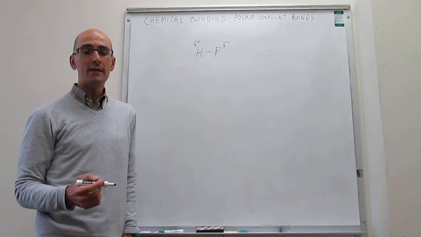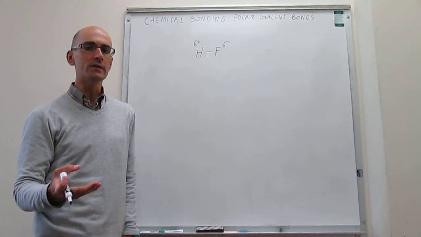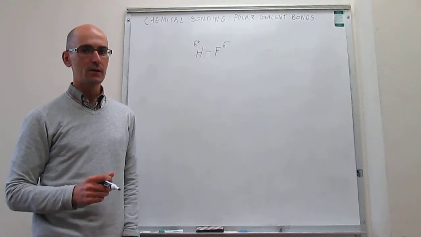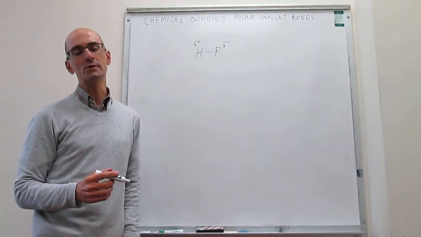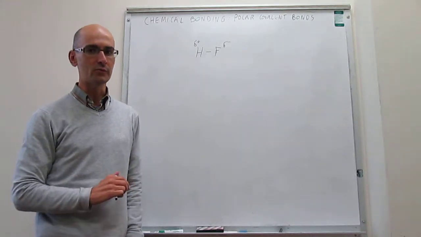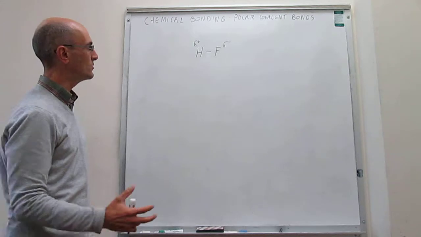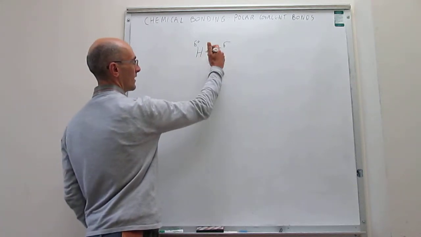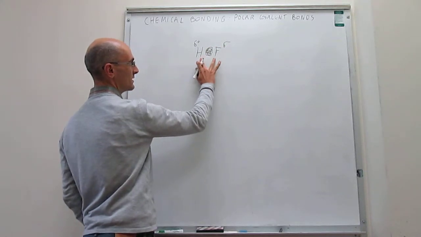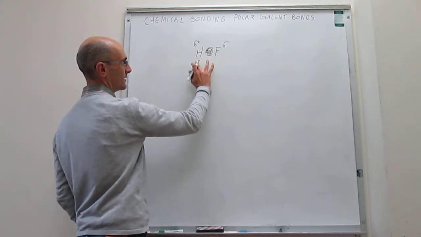We can then try to understand what the origin of the interaction between these two atoms would be. It's a polar covalent bond, which means that you have both covalent and ionic contributions. There is a covalent contribution because there are two electrons in between these two atoms, which are simultaneously attracted by the fluorine and the hydrogen atom.